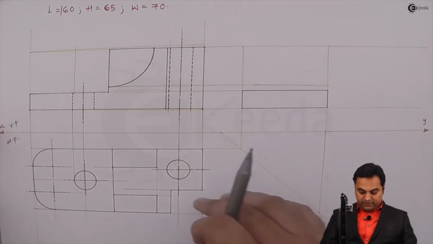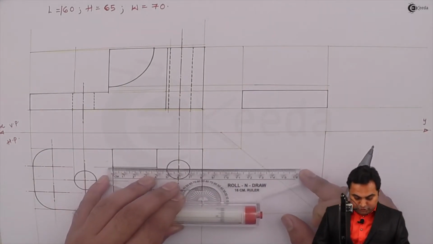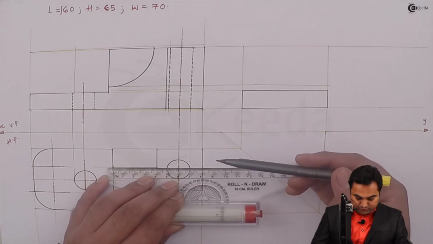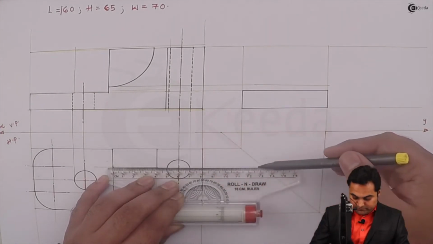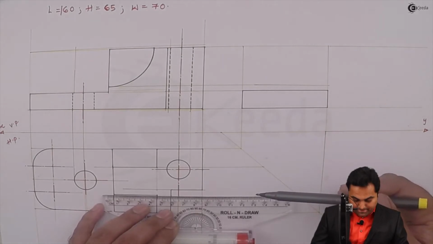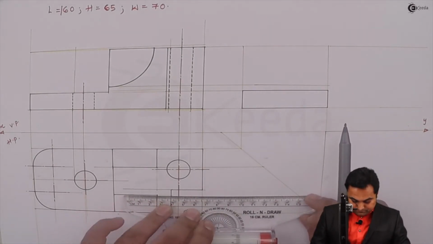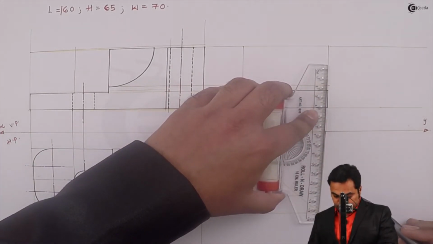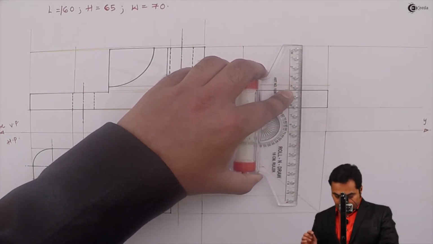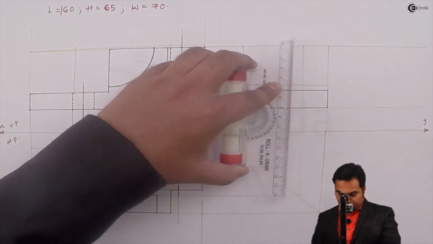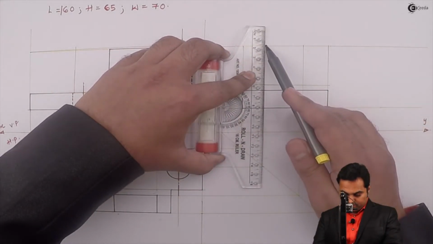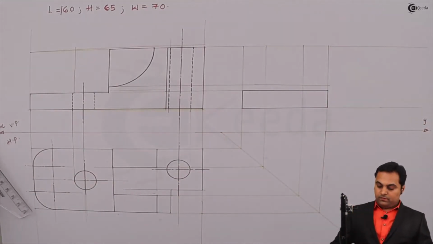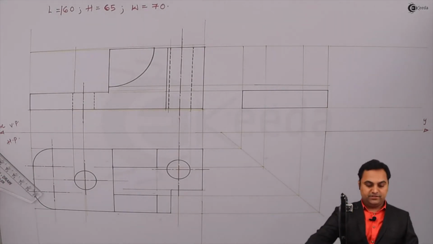Next, its width can be taken from the top view. It is the same portion which I am projecting. Here I'll make this surface dark.